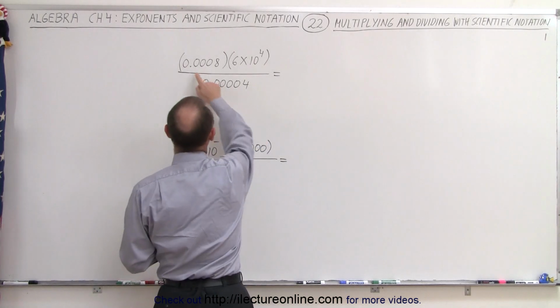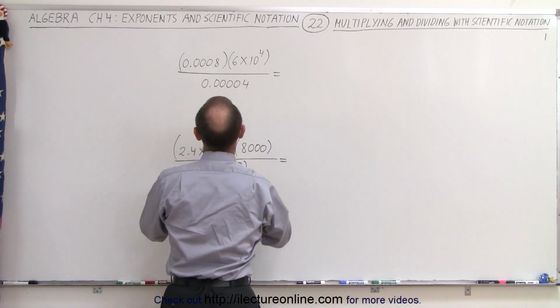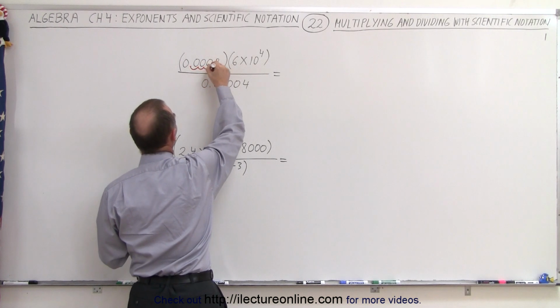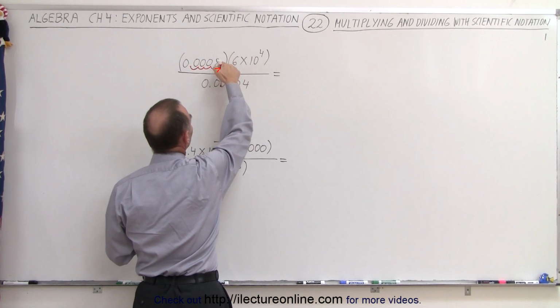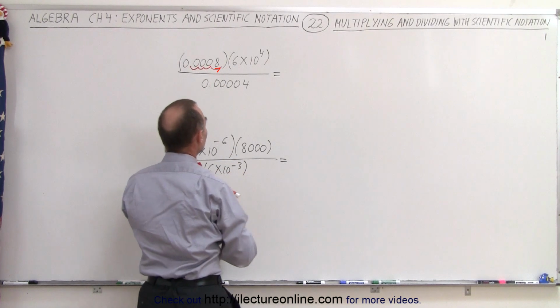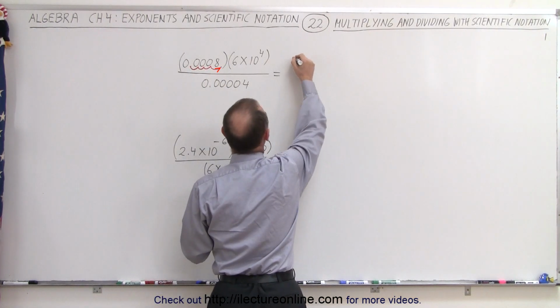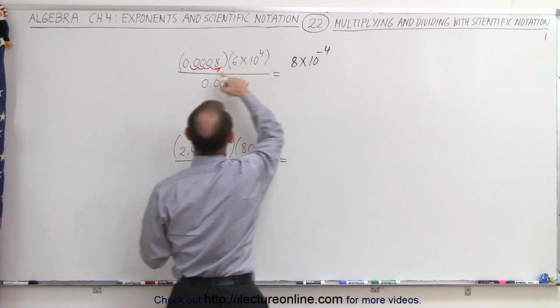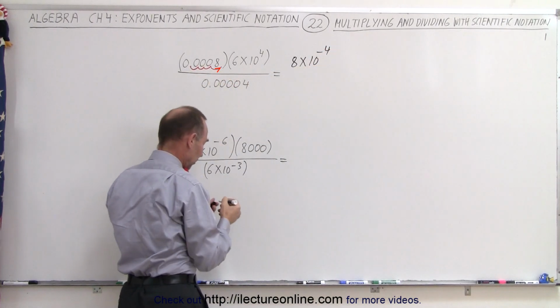So first we want to rewrite this number right here. Notice if we take the decimal point, and we move it 1, 2, 3, 4 places to the right, it ends up behind the 8. So that means that this is equal to 8 times 10 to the minus 4, the 4 corresponding to the number of places we move the decimal point.